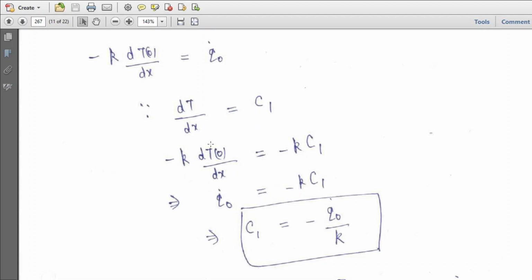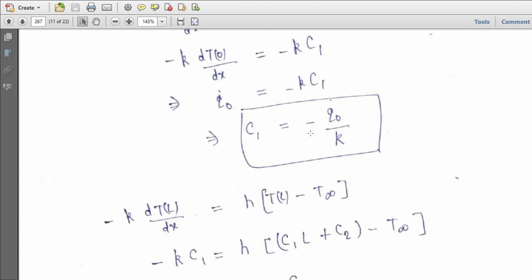So here minus k dT upon dx is minus C1 k, so q naught equals minus k C1. So C1 is minus q naught upon k.